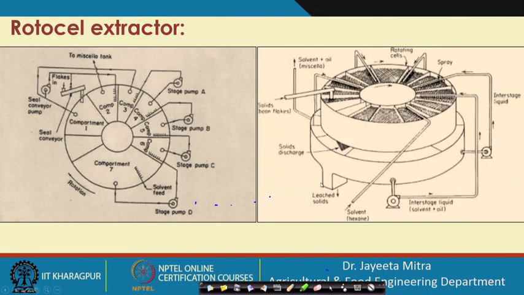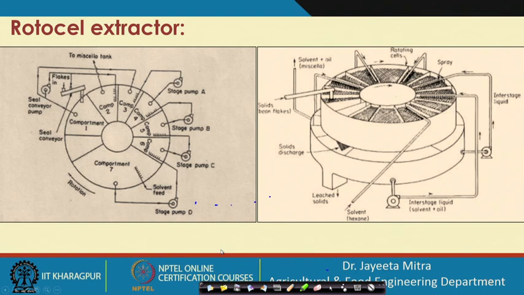This is again the schematic view of the rotocell extractor. We can see there are components 1, 2, 3, 4, 5, 6 and 7, and the solvent feed enters from the top section, and there are pumps to flow the material from one stage to the other. After one stage of extraction, it is thrown to the next one.